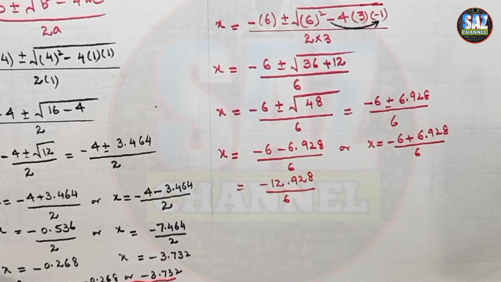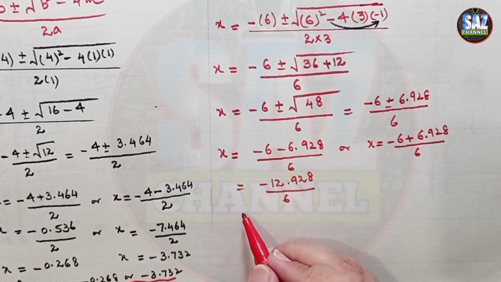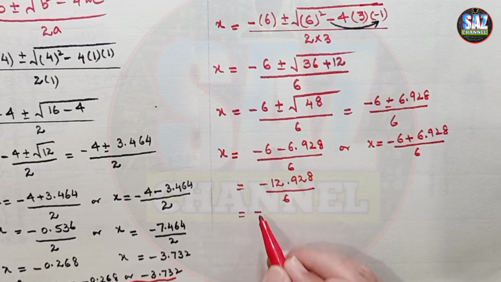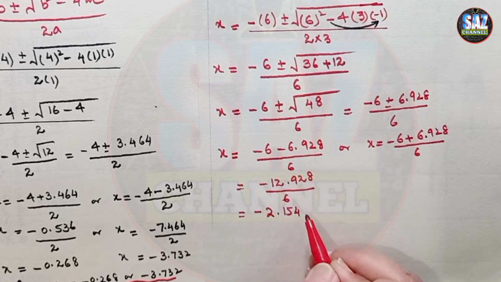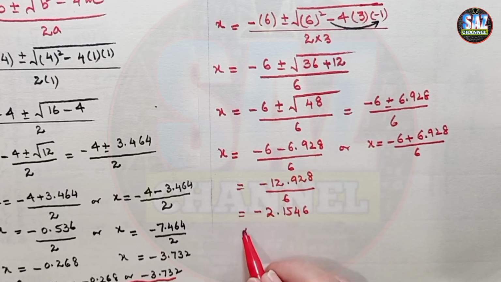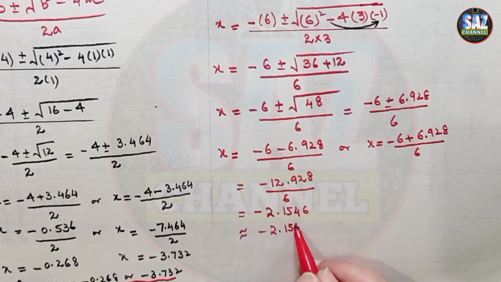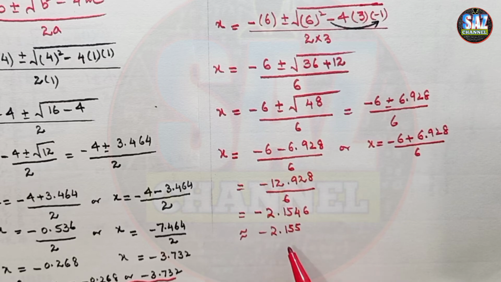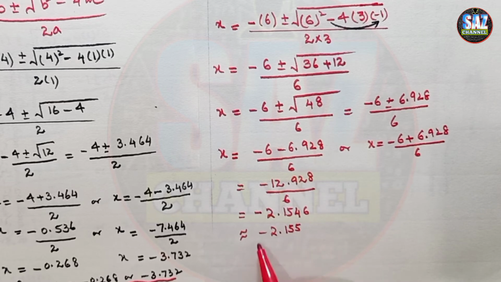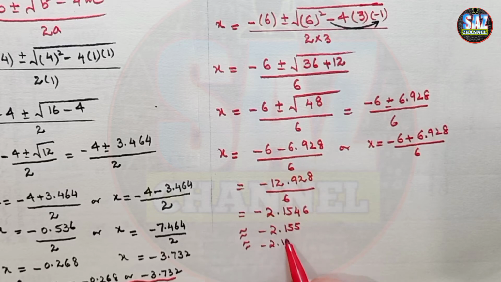Then 12.928 divided by 6 gives me 2.1546, which can be approximately taken as 2.155. I have to give my answer to 3 significant figures, so it will be minus 2.15.